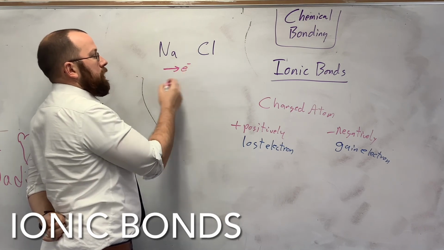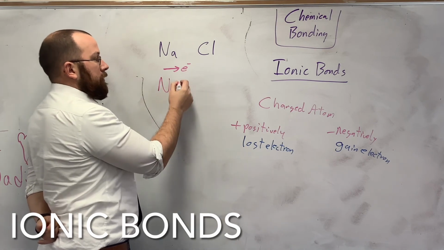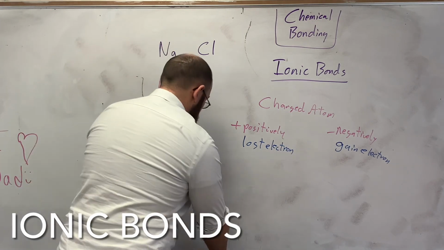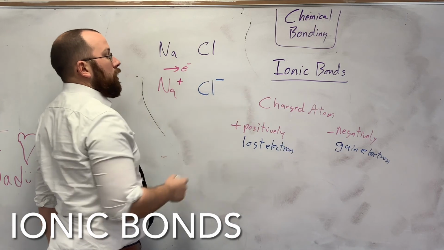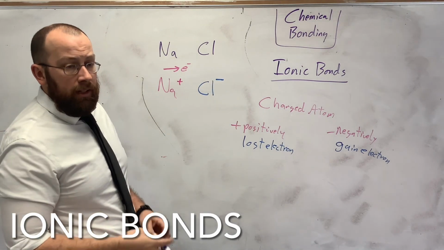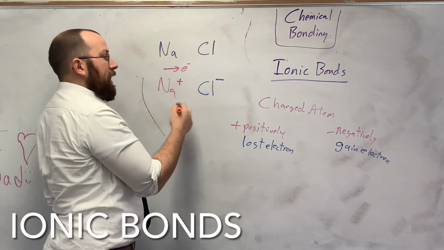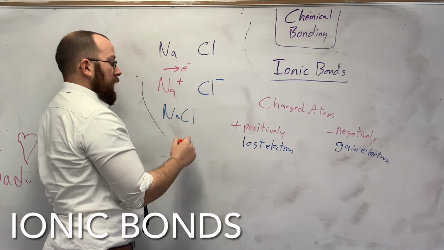That makes sodium, since it lost an electron, positively charged. That makes chlorine over here negatively charged because it's gained an electron. And because of that, it allows them to bond by an ionic bond and become sodium chloride.